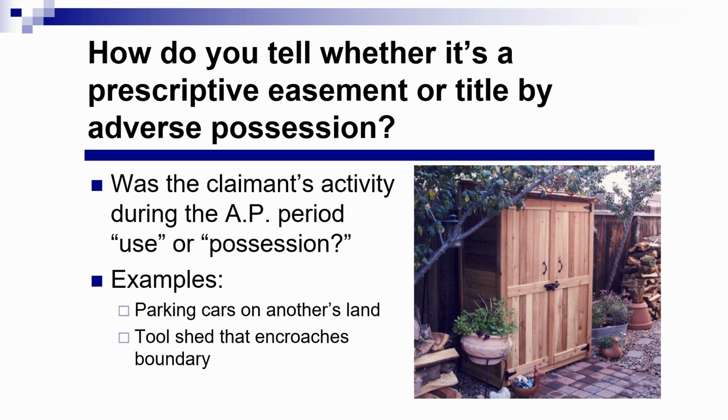In the tool shed case, the answer might depend on whether there is a permanent poured concrete foundation for the tool shed, which would be possession, or whether it's merely sitting on the ground, in which case maybe it's only use. So there are some ambiguities here, some gray areas.